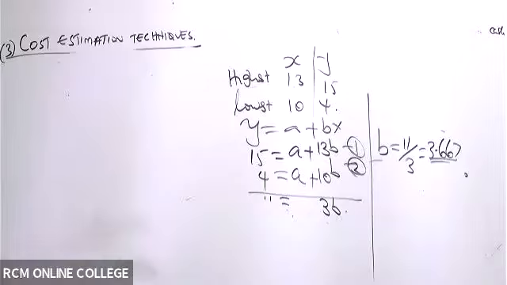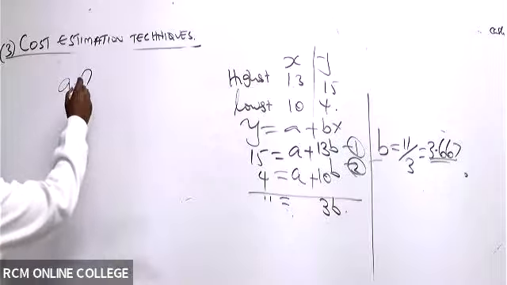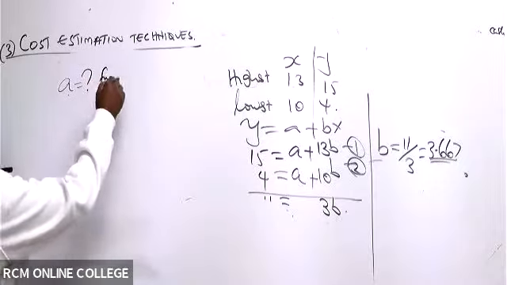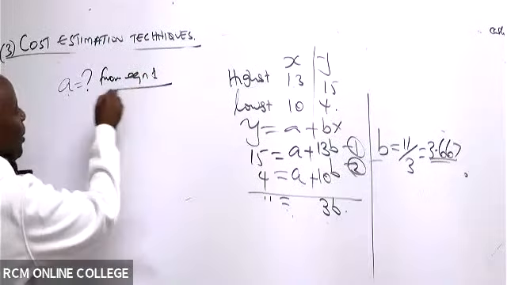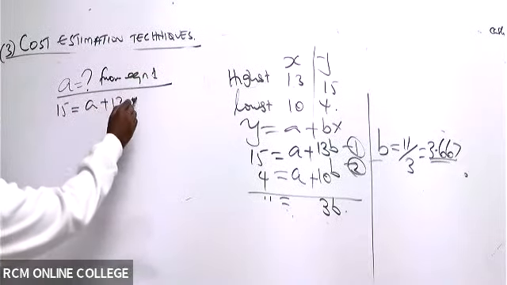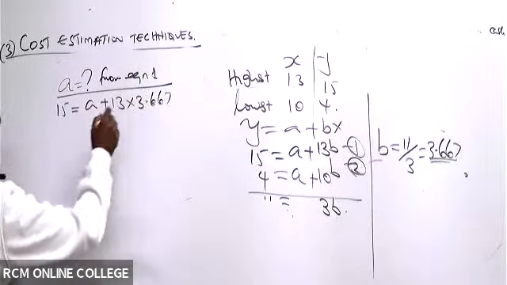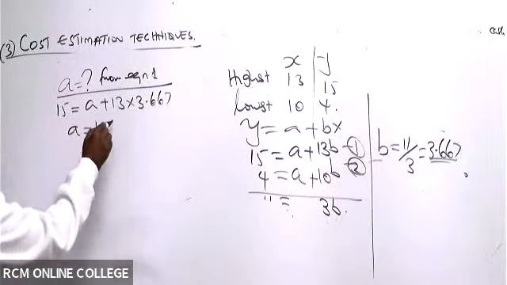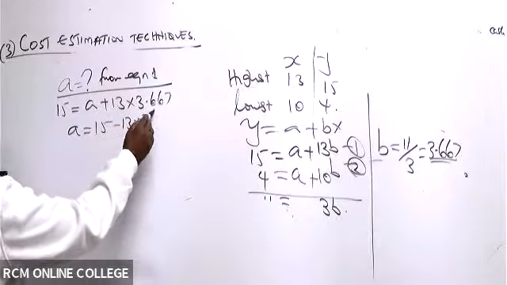So, ladies and gentlemen, from equation 1, 15 equals A plus 13 times 3.667. So then A will be 15 minus 13 times 3.667.